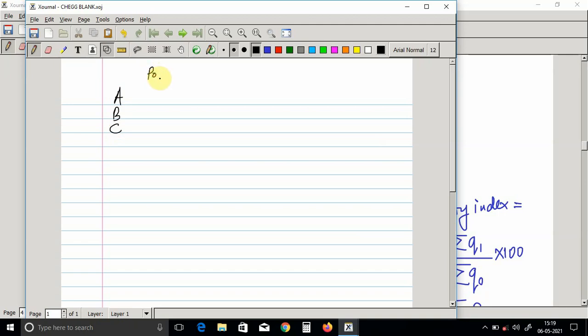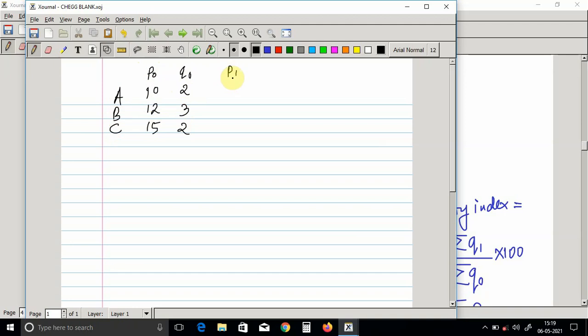P naught is the price in base year, say 10 rupees, 12 rupees, 15 rupees, and Q naught is the quantity you are purchasing in the base year, say 2 quantities, 3 quantities and 2 quantities.